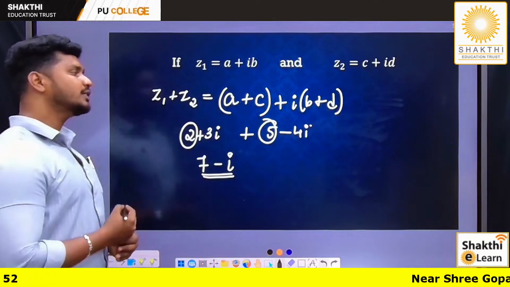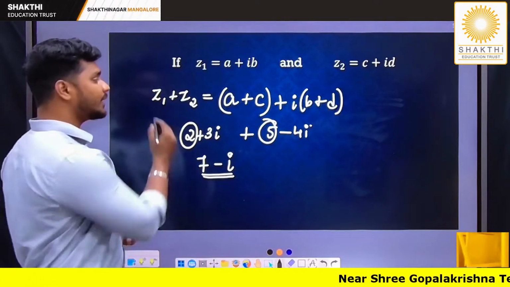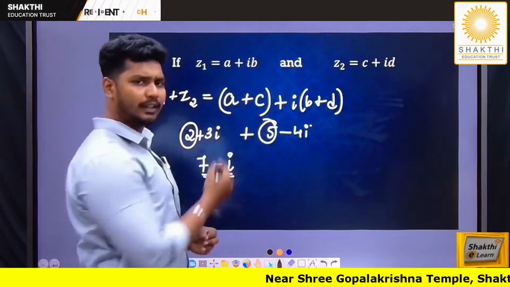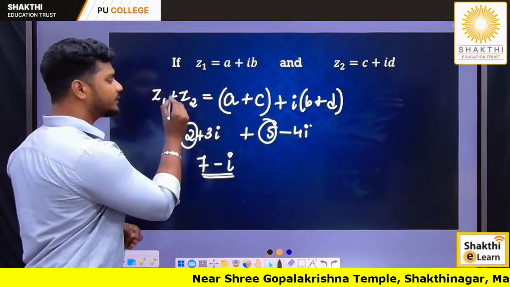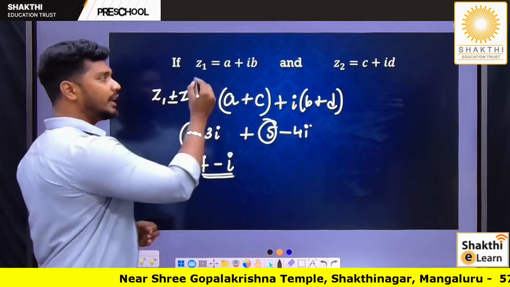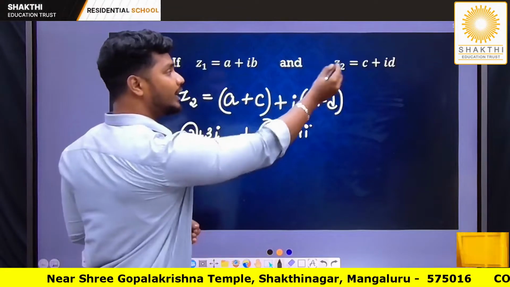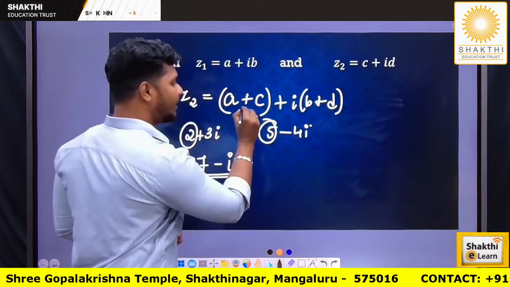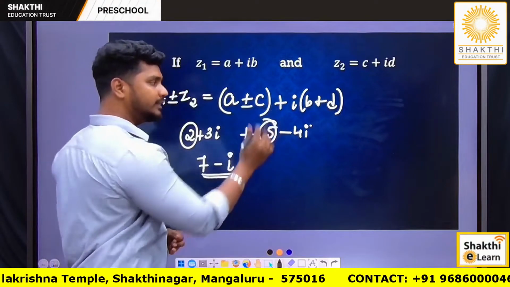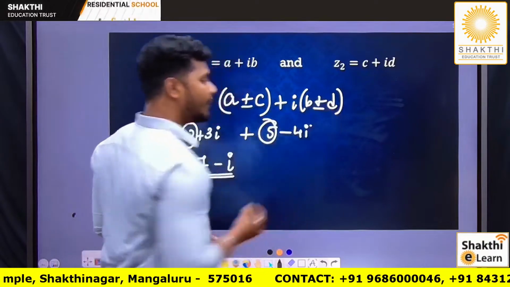The subtraction goes in the same way. If I have to subtract the two complex numbers, the same Z1 and Z2, Z1 minus Z2 will be equal to the real part minus the real part of the second number. That is a minus c plus i into b minus d.